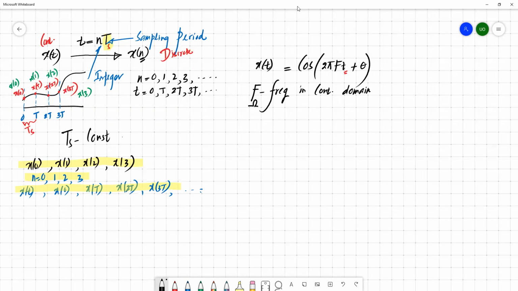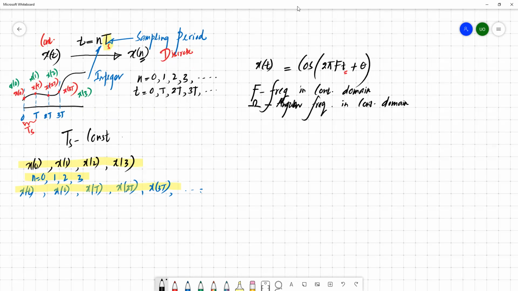Similarly, we can define capital Omega, which is the angular frequency, again in the continuous domain. So we define two parameters, capital F and capital Omega, both in the continuous domain. One represents the frequency of the signal, the other represents the angular frequency of the signal.